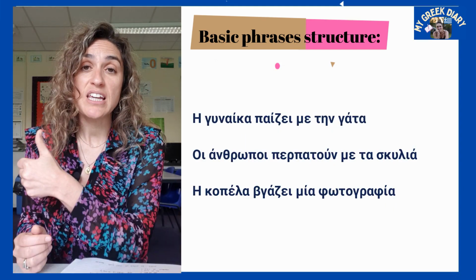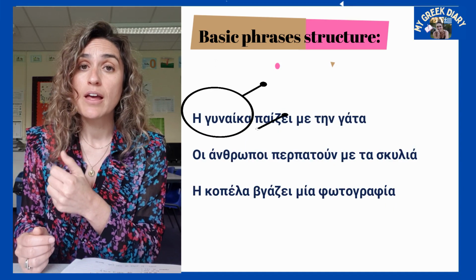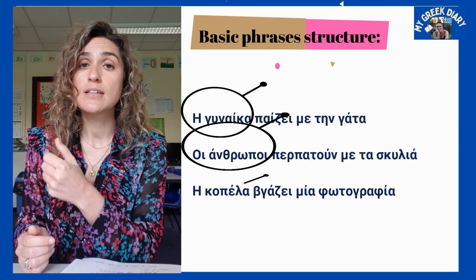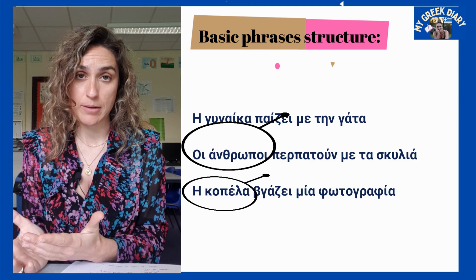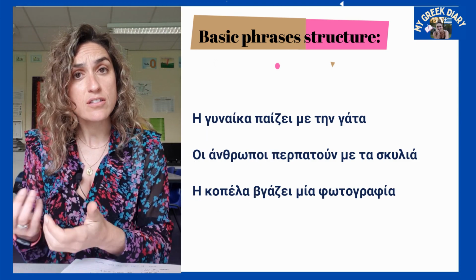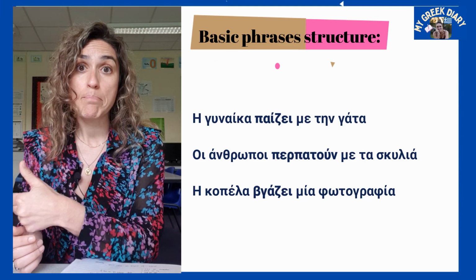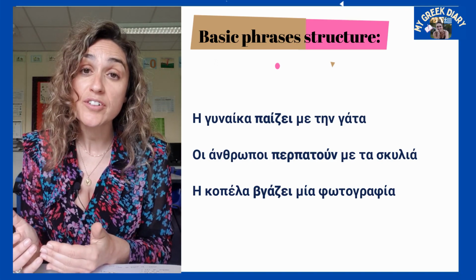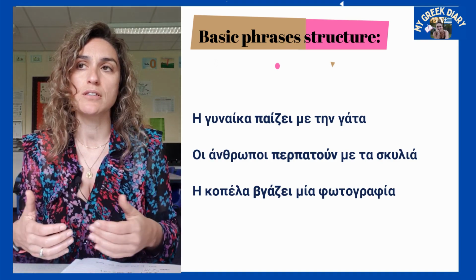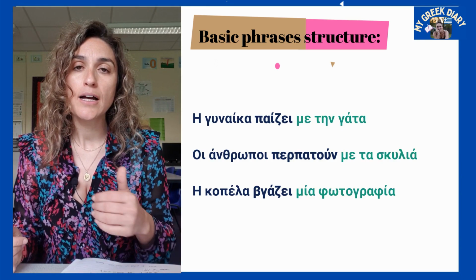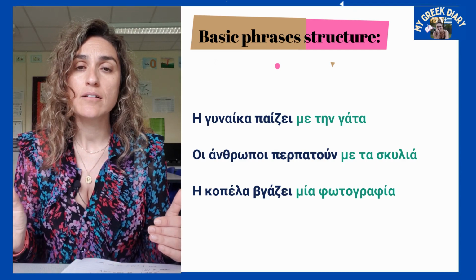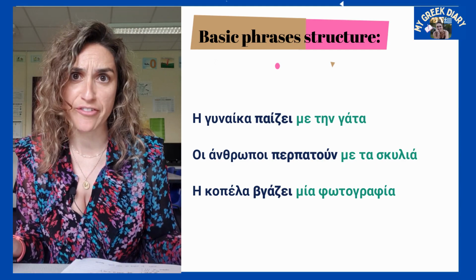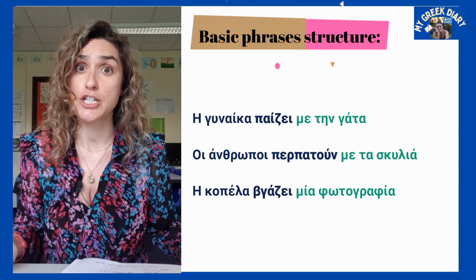We've got η γυναίκα is the subject, οι άνθρωποι is the subject, η κοπέλα is the subject. Then we've got different actions, the verb, which is παίζει, περπατούν, βγάζει. Those are the verbs, and then we've got the object. Με την γάτα, με τα σκυλιά, μία φωτογραφία. Okay, so that's the general structure.